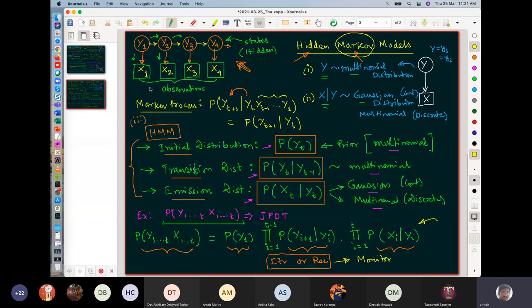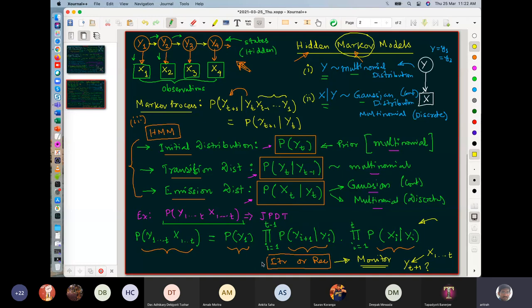So if I know the observations from x1 to xt, what is its state at yt plus 1? Sorry, what I'm saying is that I have seen the observations of the robot from x1 to xt. Can I predict what will be the next state at t plus 1? That's the immediate monitoring.